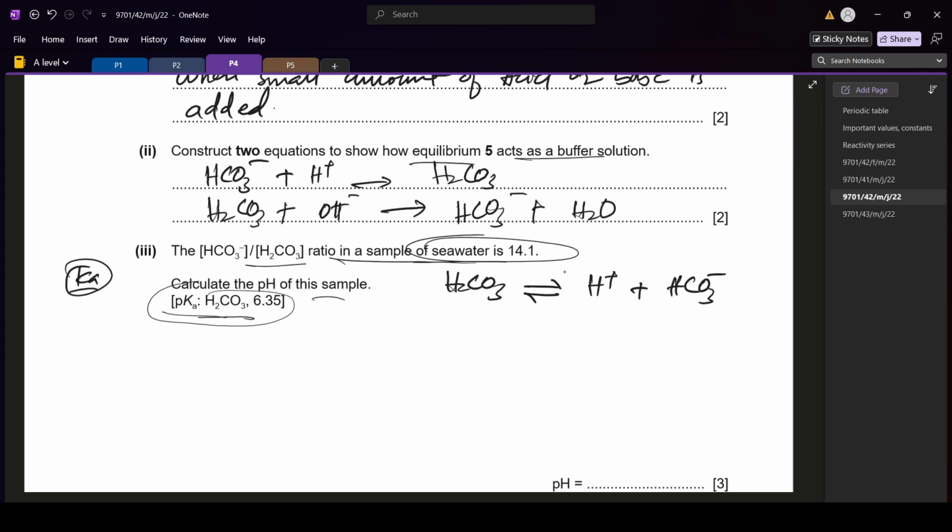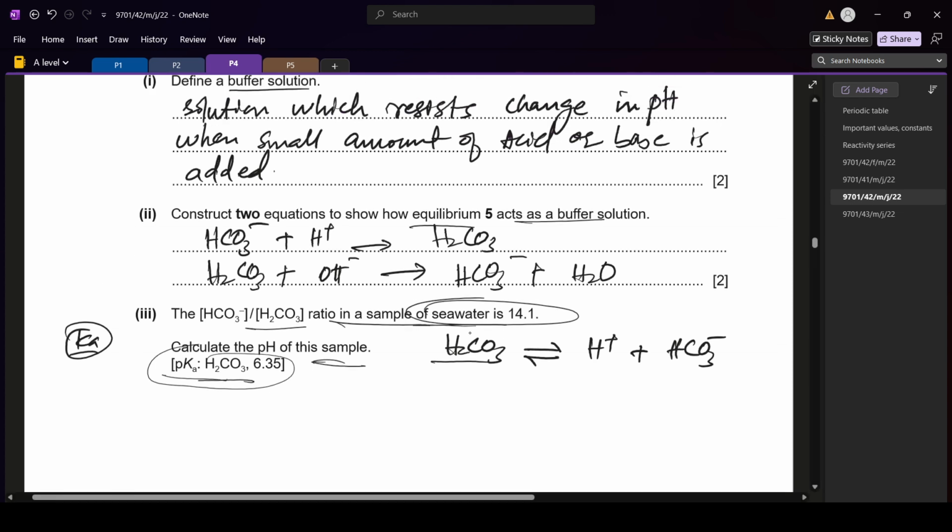So this is the expression for the acid dissociation constant. We have to calculate the pH of this sample, and pKa is given to you. Now, if this is acting as a buffer solution, we have to calculate the pH of the buffer solution.